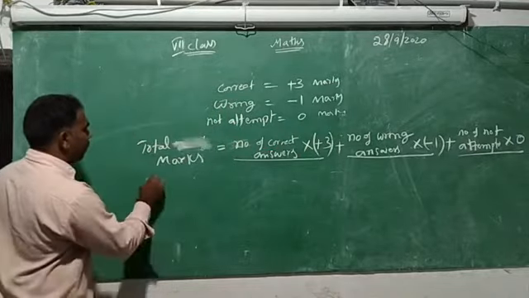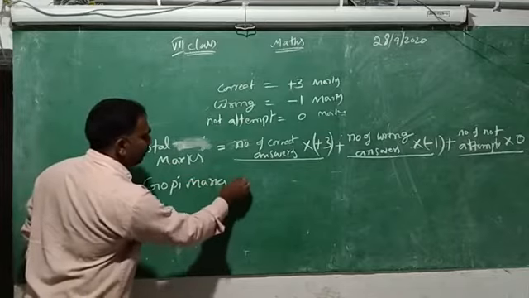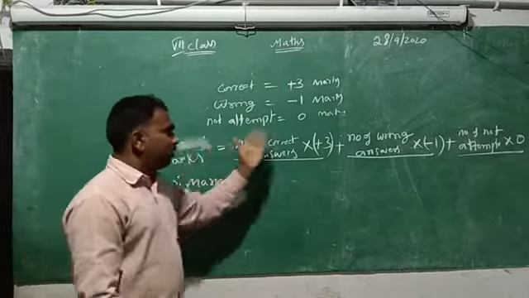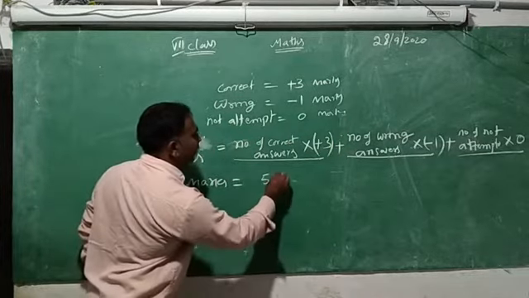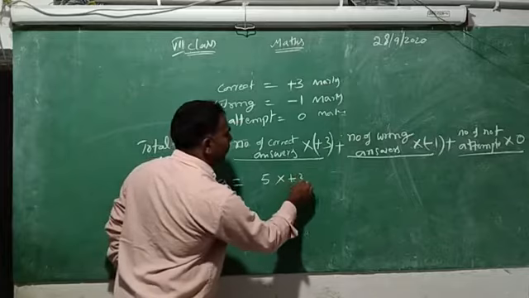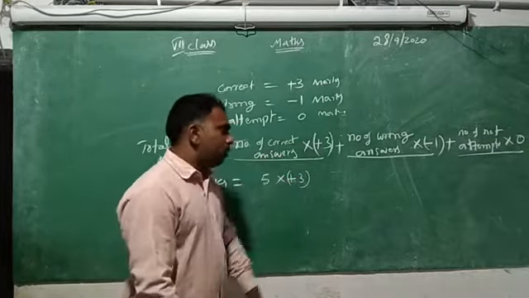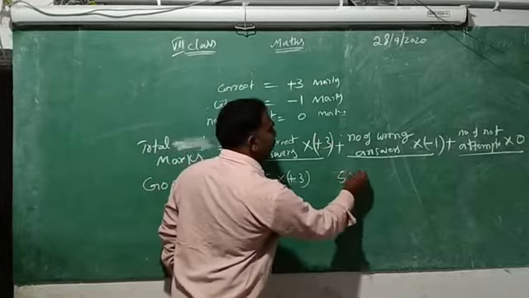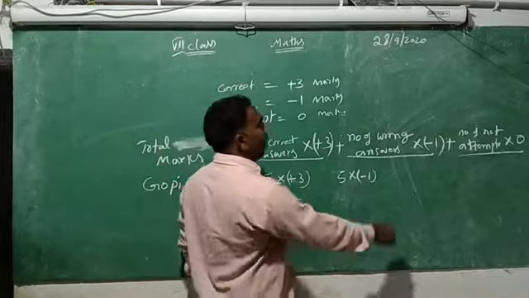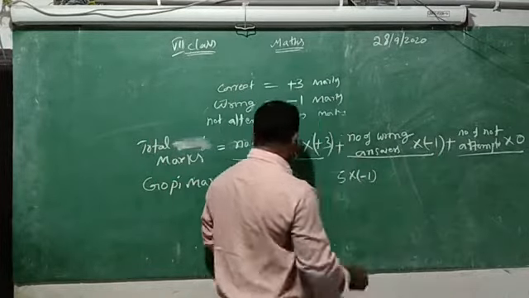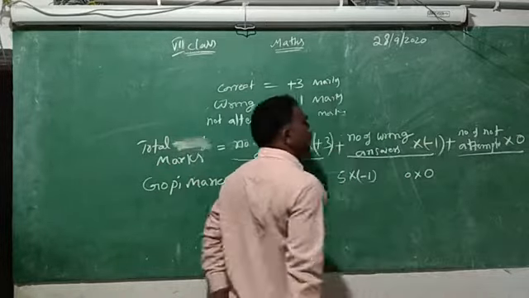So first of all, we are going to find Gopi's marks. How many correct answers did Gopi get? 5 correct answers, so 5 into plus 3. One more, number of wrong answers, 5 into minus 1. And last, not attempted is 0, so 0 into 0.